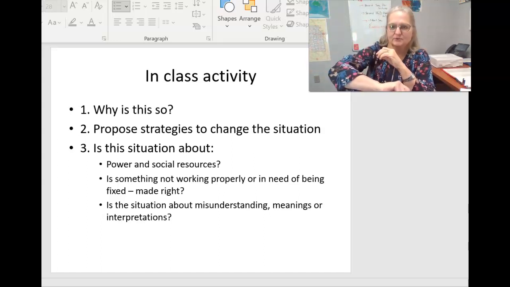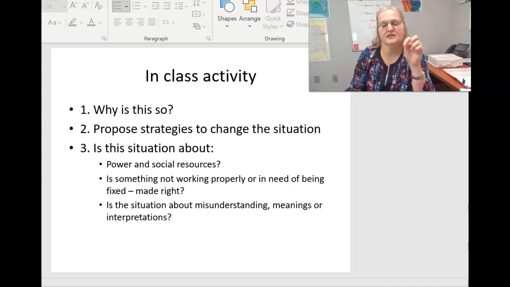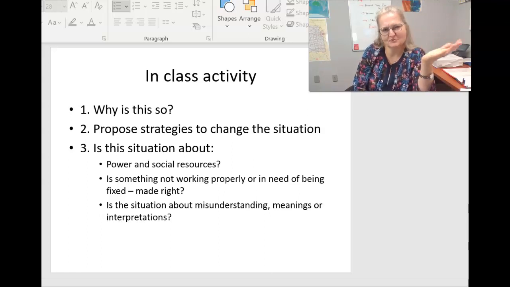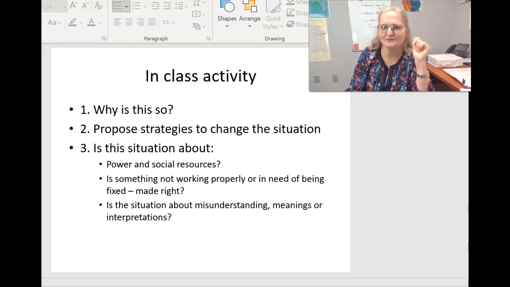We might come back to a theoretical explanation, another way to try to get at what theory best explains it. Using the divorce one, though it kind of gets redundant here: how is divorce about power? Well, the person who files for divorce has more power. Who files for divorce more often? Women do. So there you go. Is something not working? When people get divorced, they often say, "We fell out of love. We're just not working anymore."